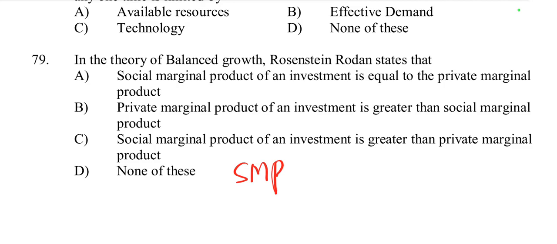So option C is the right answer, because Rosenstein-Rodan in his balanced growth theory argued that complementary investments have positive externalities. So the social marginal product is greater than the private marginal product.